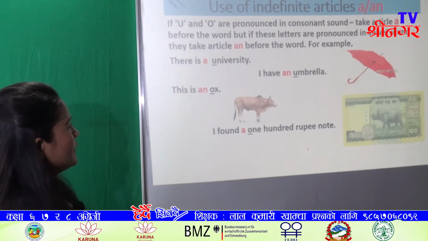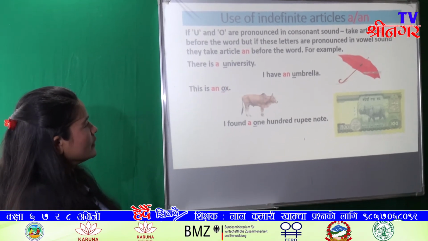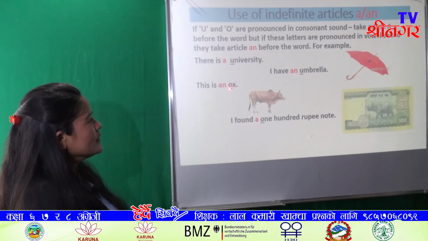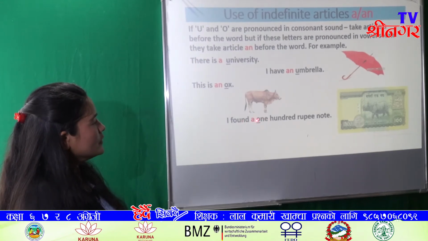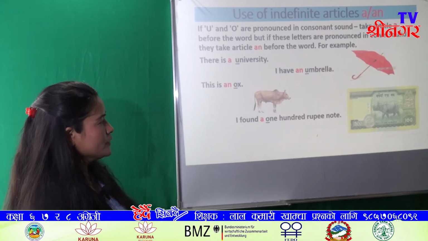Look at the example: "an ox". This word's first letter is O, and in this sentence also, "I found a one hundred rupee note."